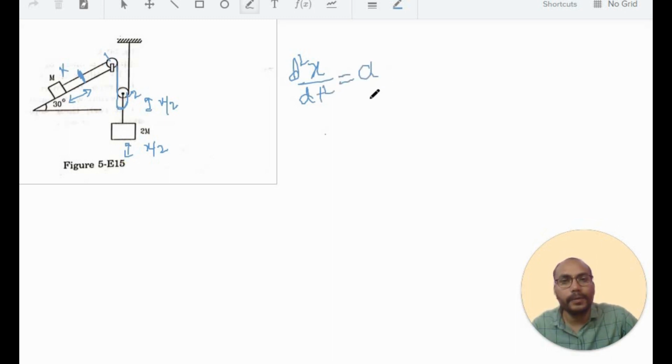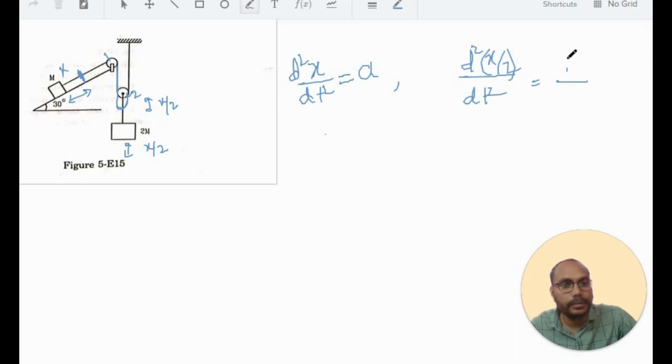So for mass m, we get acceleration by differentiating x distance, but for the second case of mass twice m, our distance is different, x by 2.